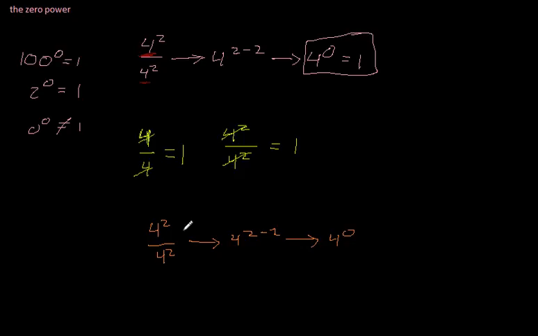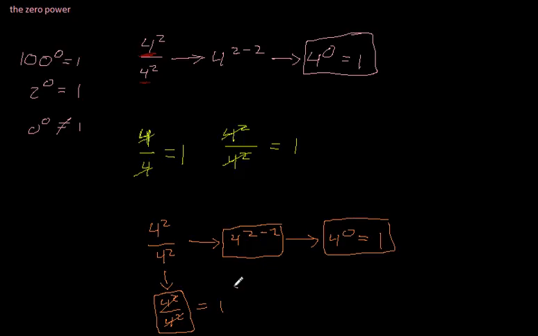Another way I could say this is, hey, this is a fraction, 4 squared over 4 squared. These are going to cancel out. They're going to equal 1. Well, this is a proof to show me that since 4 squared over 4 squared is equal to dividing powers with the same base, these two are the same. Therefore, 4 to the 0 power should equal 1, if 4 squared over 4 squared equals 1.